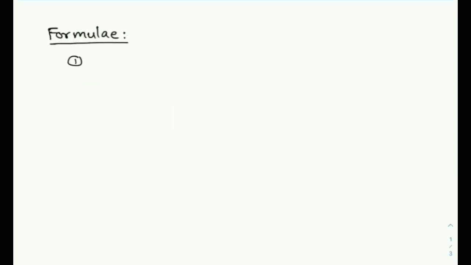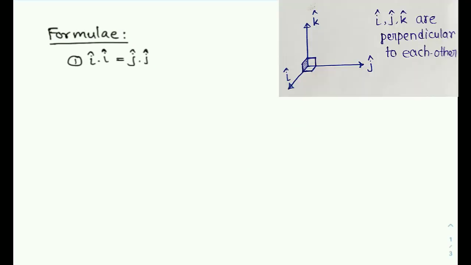Now let's check some formulas about the vector dot product and vector cross product. The first formula is i dot i equals j dot j equals k dot k equals 1, that is, the self dot product is 1. i cross j equals k, j cross k equals i, and k cross i equals j.